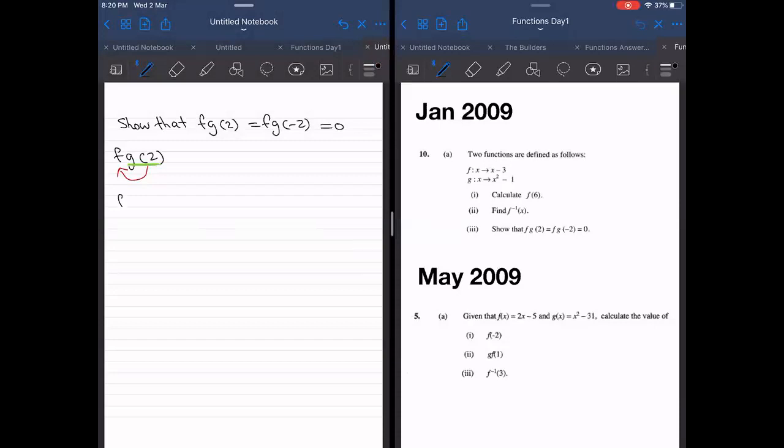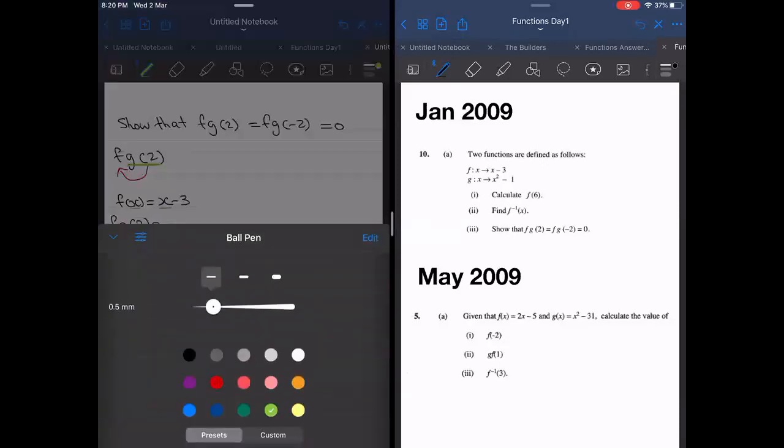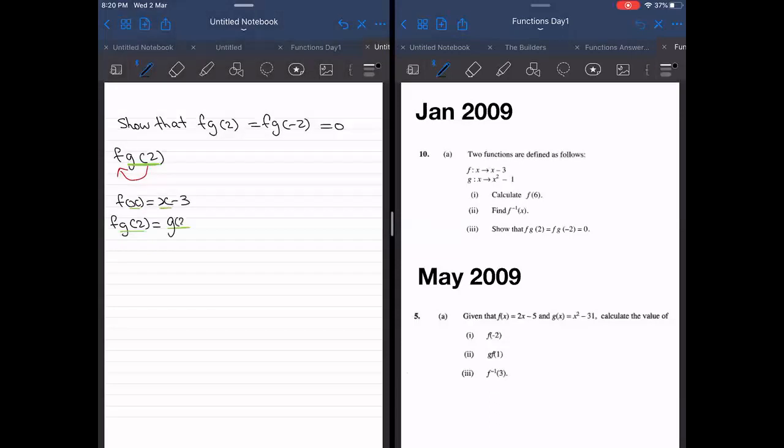If f of x is equal to x minus 3, f of g of 2 simply means wherever I see x, I am going to put g of 2. So clearly we need to find g of 2.